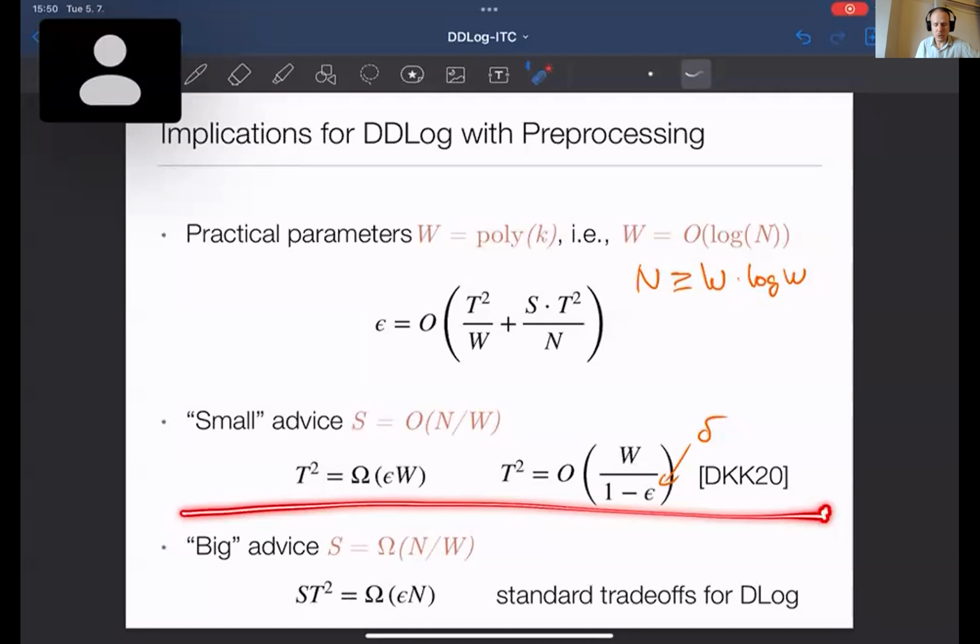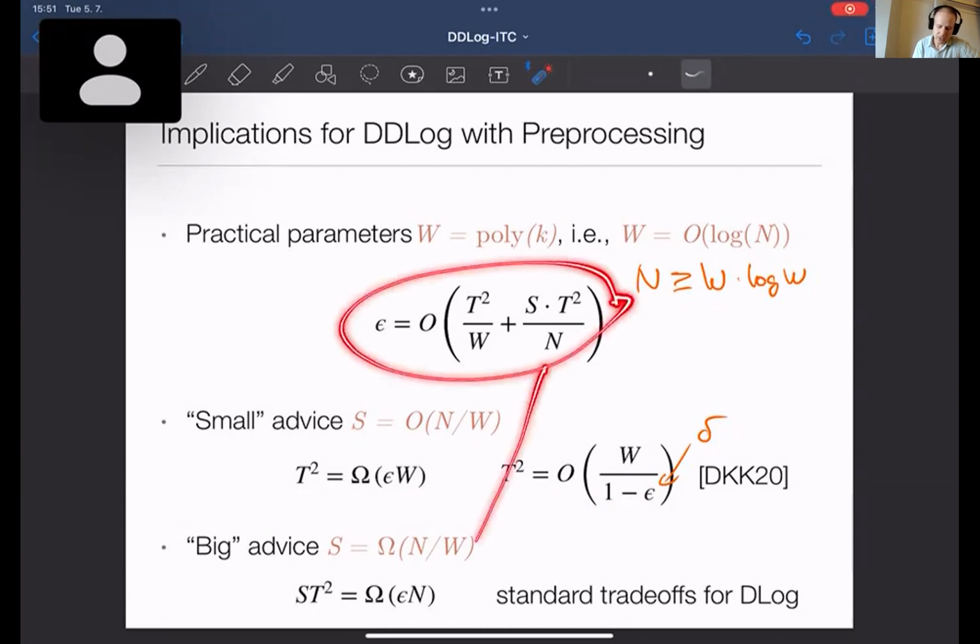And how about the other case, when we have big advice, of size Omega of n over w? Then the bound that we have here translates to a trade-off that matches standard trade-offs for D-log, which Lior will cover in the next talk.